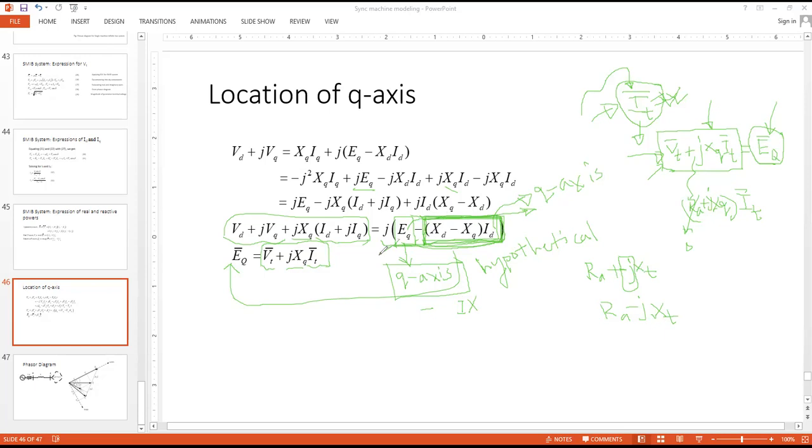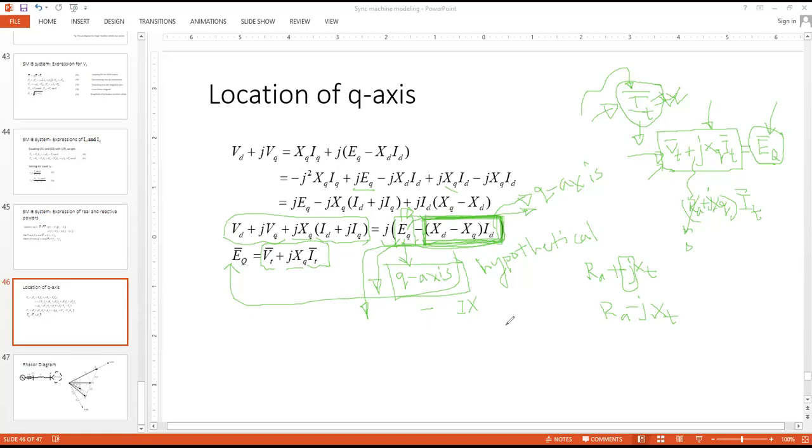Okay, so let me explain again. The first term, there is no confusion. It is along the q-axis. The confusion is about the second term. And I say, well, this and EQ should lie along the same line, along the same axis on the phasor diagram, because they don't have any phase shift between them.